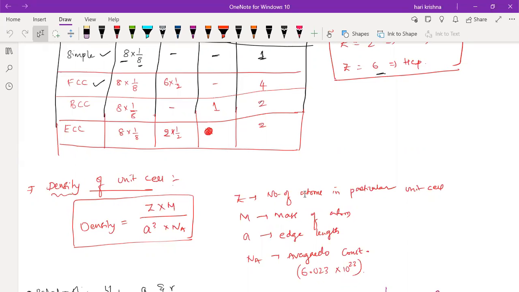So we start with the simple one, based upon these conditions: FCC, BCC, and SCC.